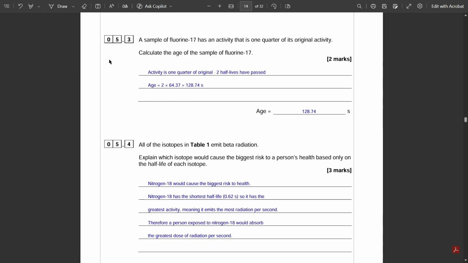So, nitrogen-18 would cause the biggest risk to health. Nitrogen-18 has the shortest half-life, so it has the greatest activity, meaning it emits the most radiation per second. Therefore, a person exposed to nitrogen-18 would absorb the greatest dose of radiation per second.